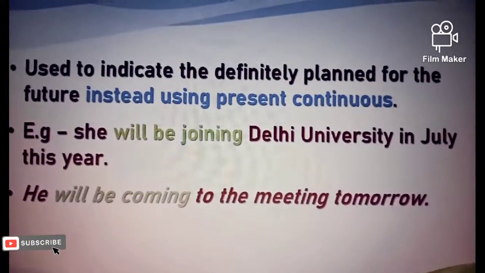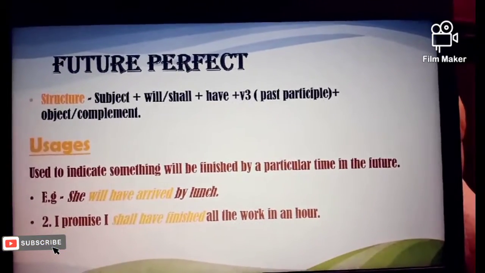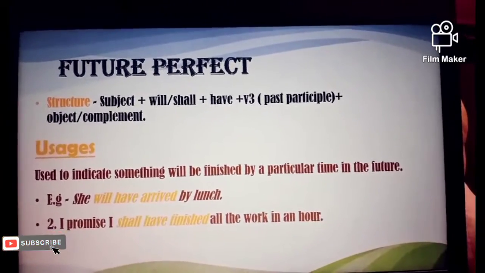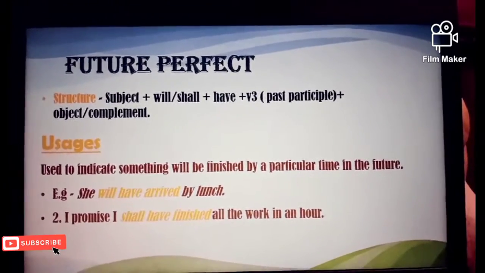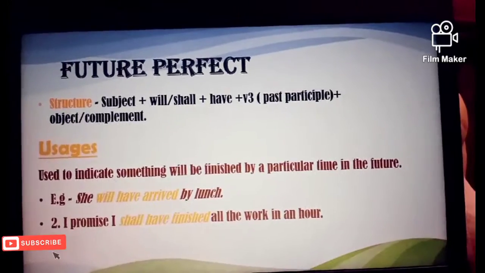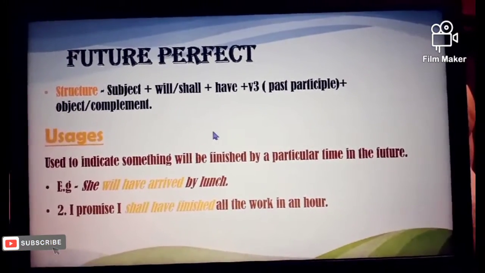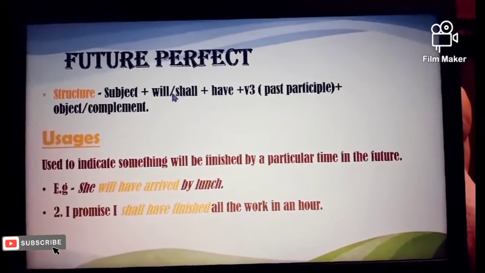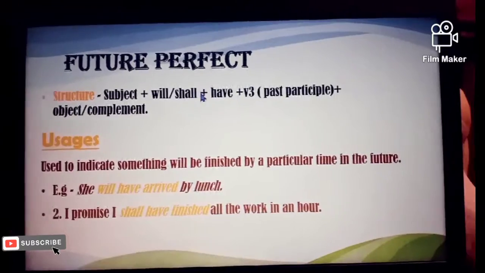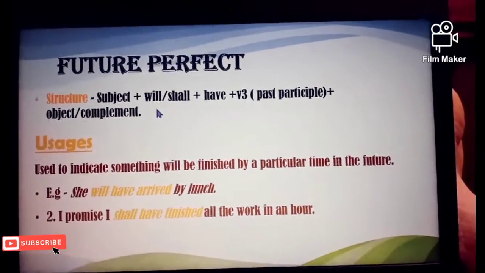Next one. The next future tense is future perfect tense. Let's study its structure and usages with the examples. The structure says we have to use subject plus will or shall, that demarcates the future tense, plus have plus V3 form, that is to show perfect tense.